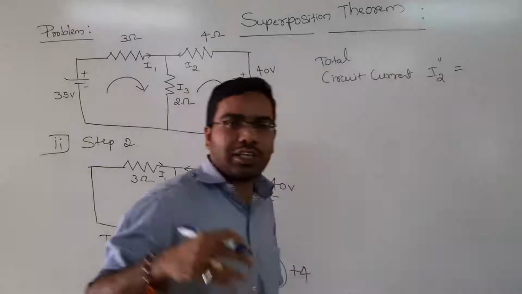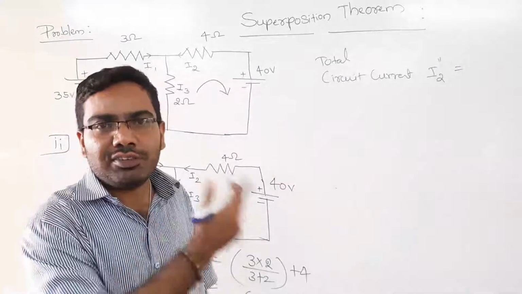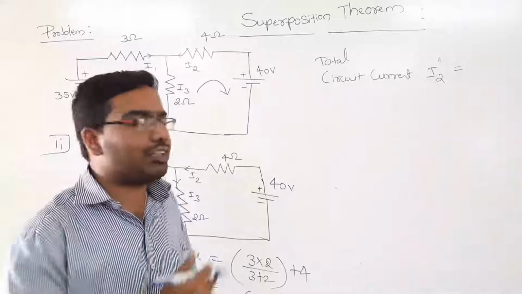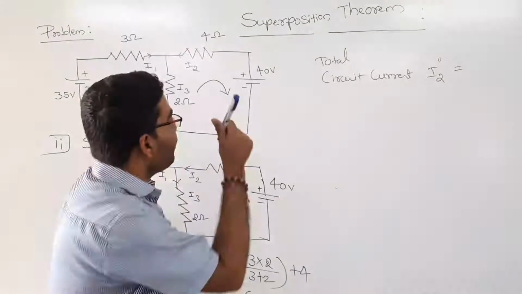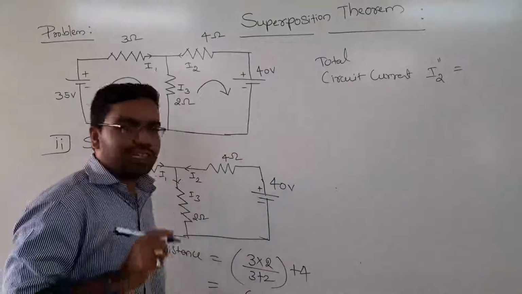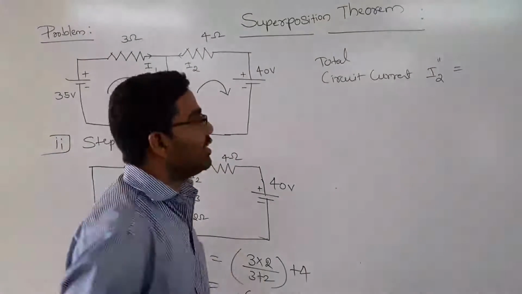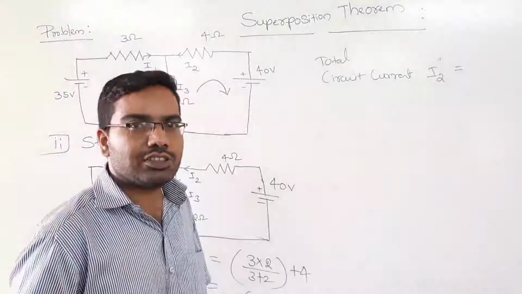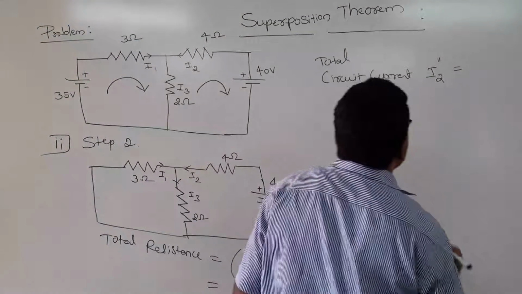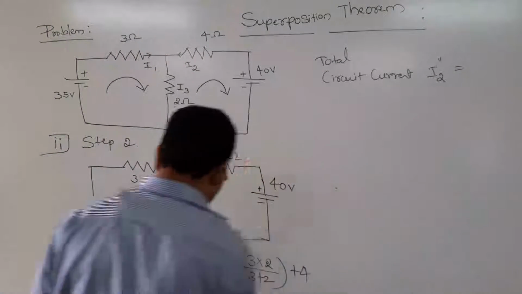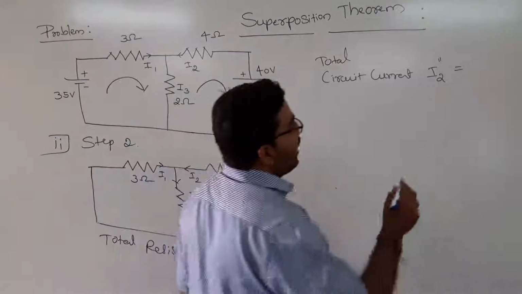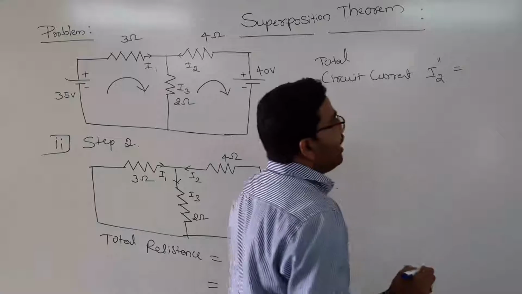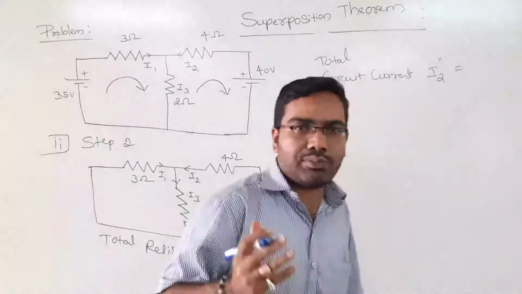While finding out the current in the first branch, I have taken it as I1 dash. Then while finding out the second branch current, I will consider it as I2 dash. Here I have got the value of resistance as 5.2 ohm. The current formula is I equal to V by R.